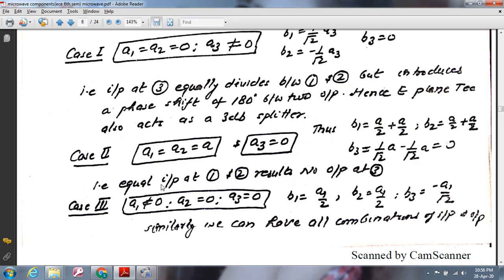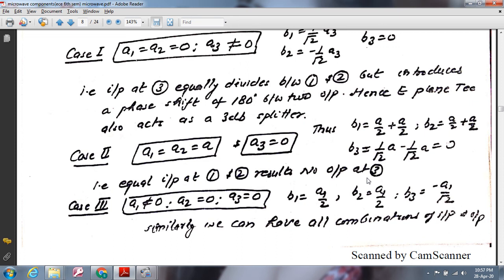That is, equal input at 1 and 2 results in no output at port number 3. Because the inputs are equal and in the same phase, we get 0 output at port number 3.